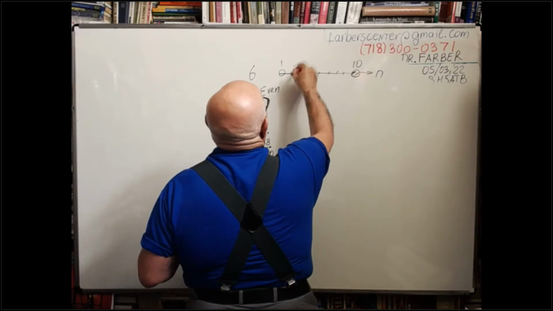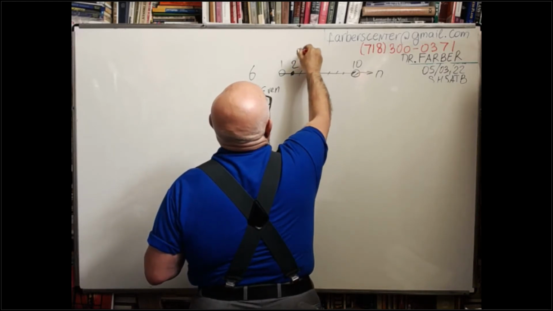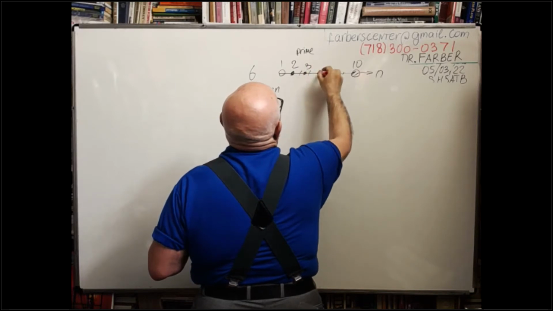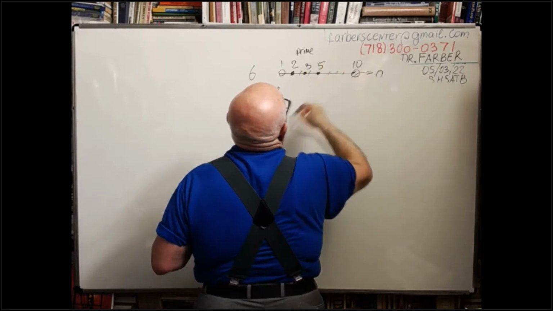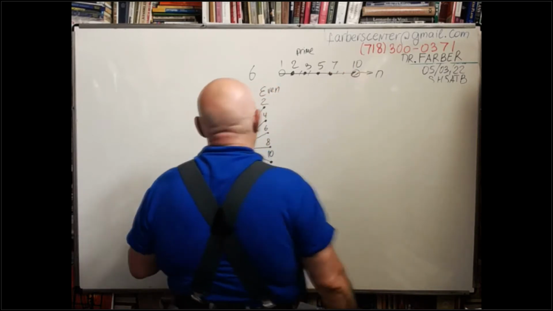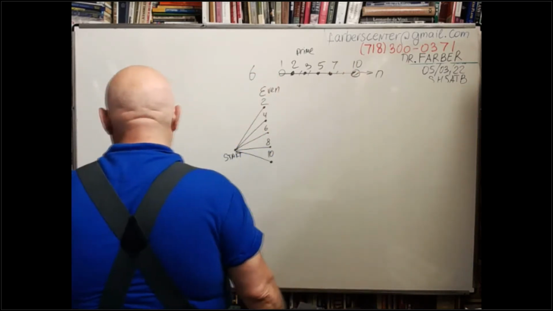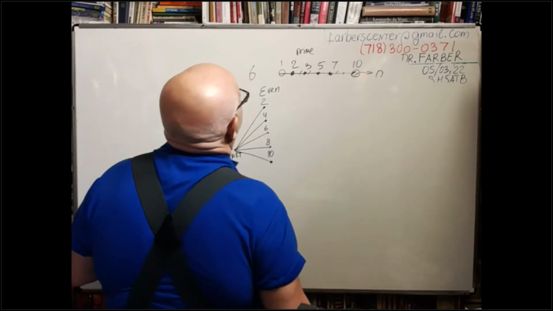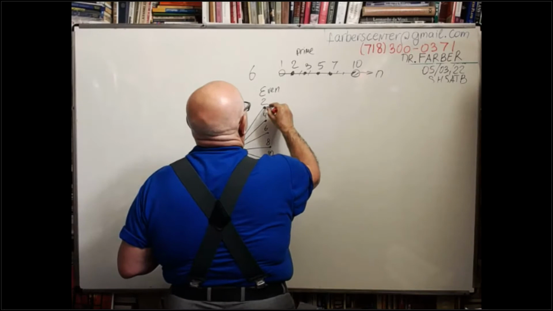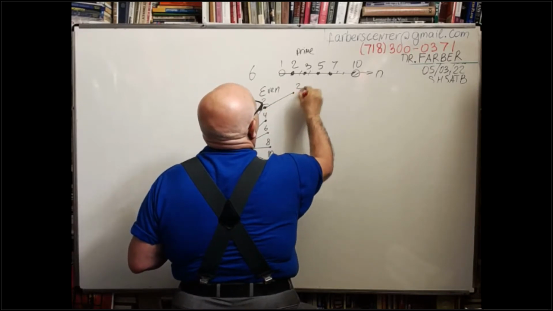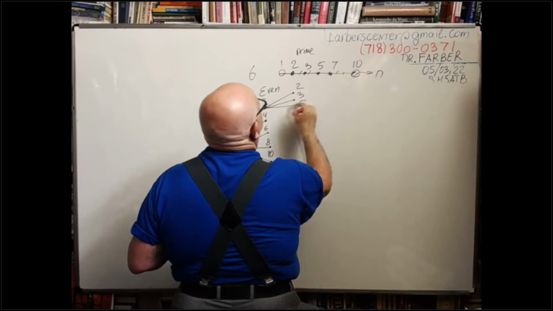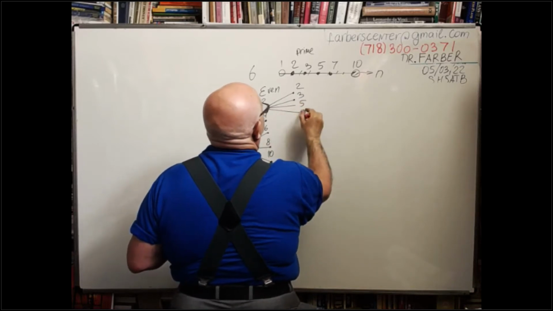Either 2, if we're talking about prime, or 3, or 5, or 7, right? So far so good. 2, 3, 5, 7. For instance, if you have this even, it could be either 2, or 3, or 5, or 7.